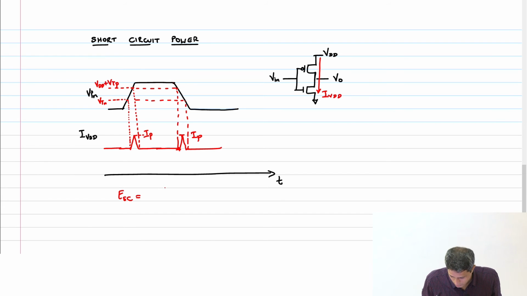So let's assume that this is going to happen for a particular time t, right? So it will simply be 0 to t. What is V? Where is the current coming from? VDD. So what is the V in this equation? Integral VI dt.